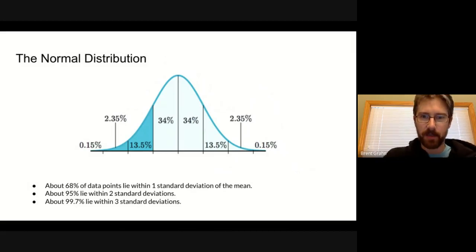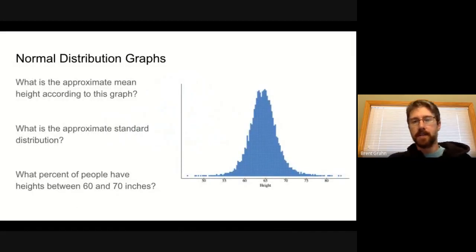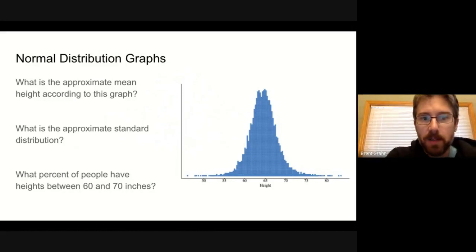All right, so let's take a look at an example of this. This is a graph of heights of people, and it's kind of a big dot plot. What you can see is that the heights of people are fairly normally distributed. It's not perfect, but it's really, really close. So looking at this, what is the mean height?